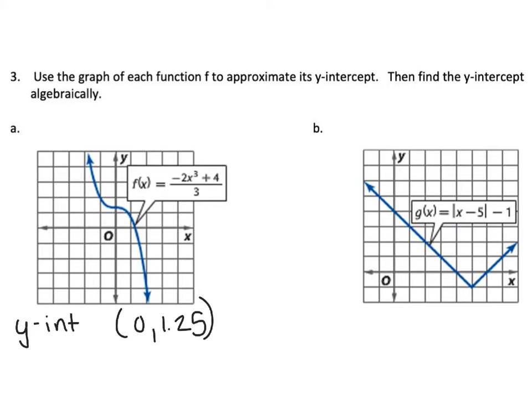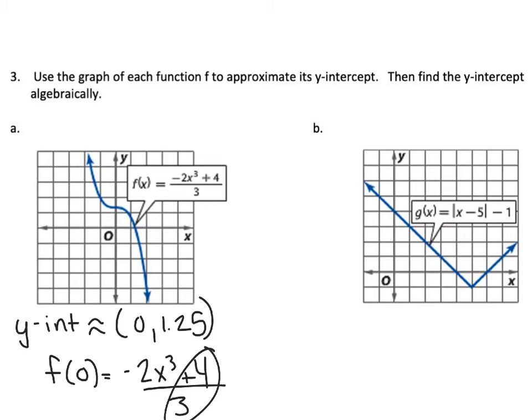But then to actually find it algebraically, I'm going to plug in f of 0. And when I do that, I'm going to be left with 4/3, because if this is 0 right here, that's gone, and I just have 4/3 remaining. So my y-intercept is (0, 4/3).